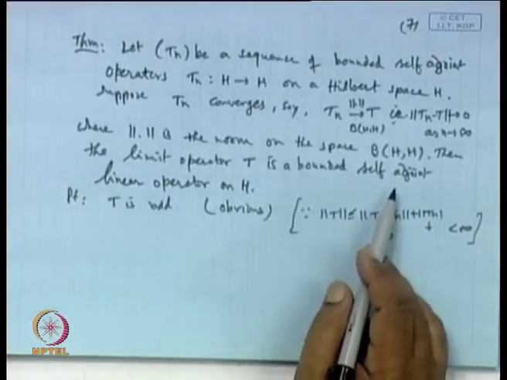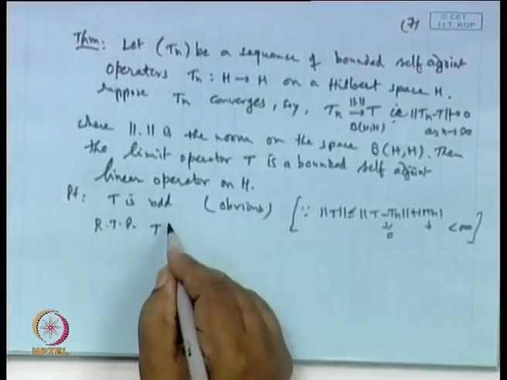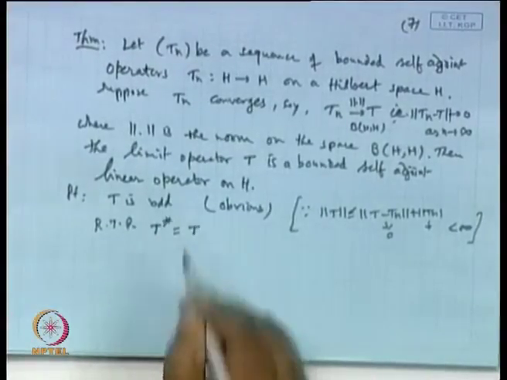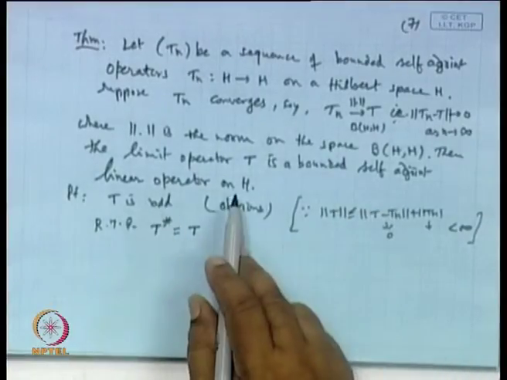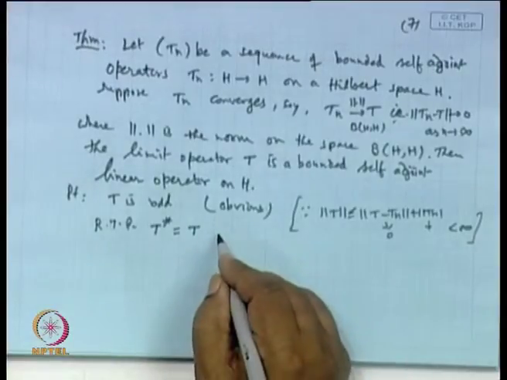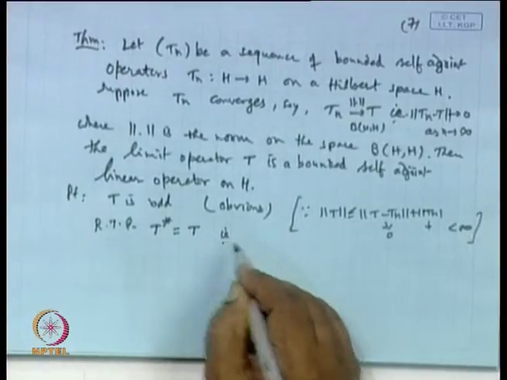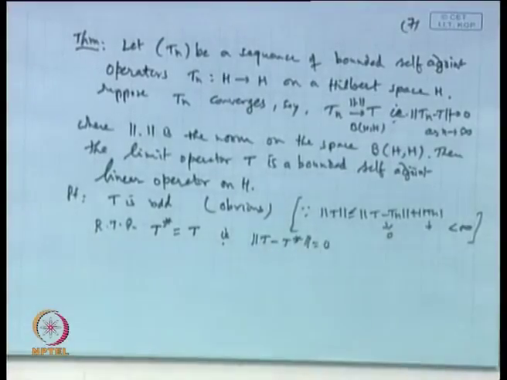Now, T is bounded. So, what is left is that we have to show that T star is equal to T, since T is a bounded self-adjoint operator. Instead of this, if I prove that the norm of T minus T star is 0, then we can say T equals T star, because the norm of x being 0 means x must be 0.